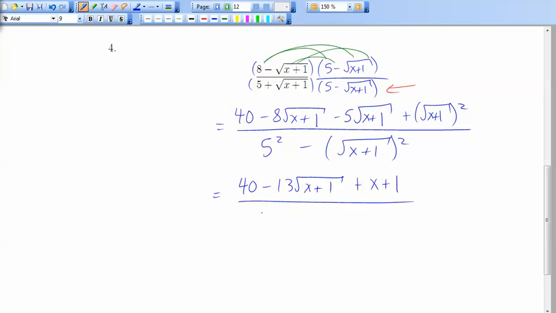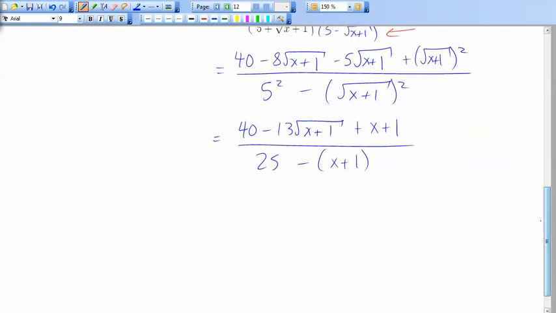In the denominator, we've got 25 minus x plus 1. Okay? And I can simplify both a little bit more. I've got 41 minus 13 root x plus 1 plus x. And in the denominator, we've got 25 minus x minus 1, or 24 minus x.